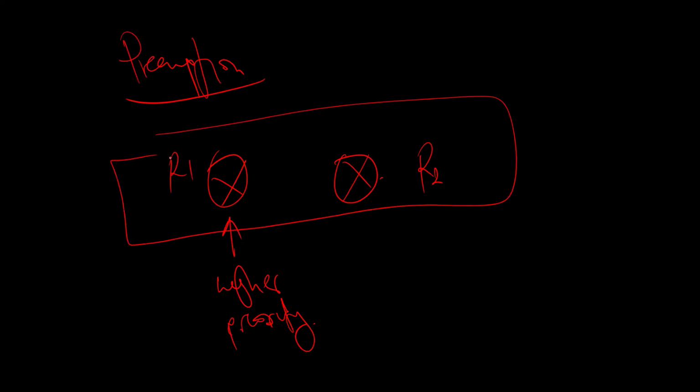Now, when we talk of preemption, if this one fails, then this one takes over. But what happens if this one recovers? Here we are now using this one as the backup, as the standby. But if this one goes back online, what happens?